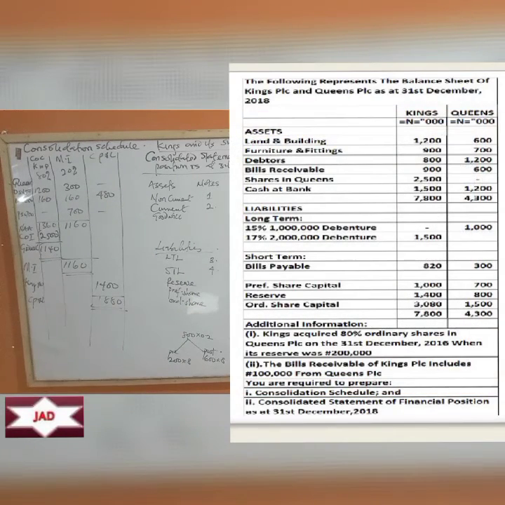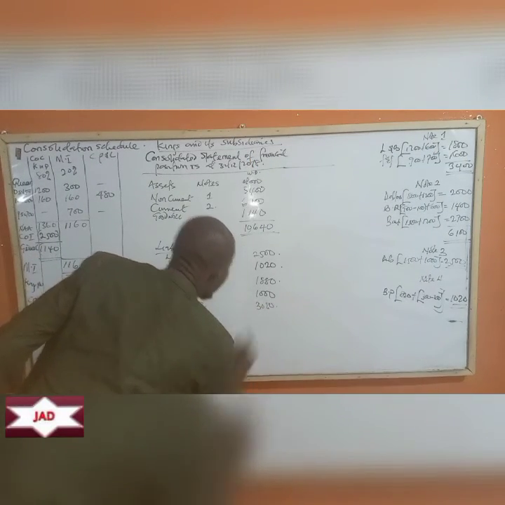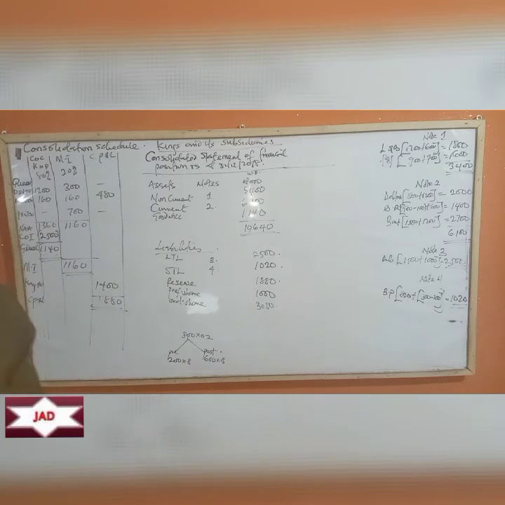Ordinary share is what? 3,080. So what do we have? 2,500 plus 1,020 plus 1,880 plus 1,000 plus 3,080.